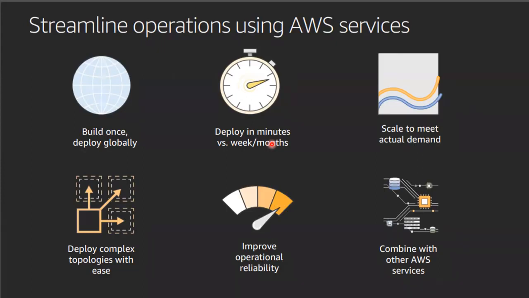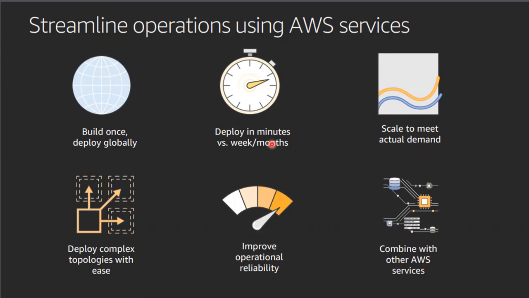Scalability is not a challenge when you run your SAP workload on AWS. You can scale up to meet your actual demand. And when you see the peak has gone down and you no longer get the traffic that you expected, you can always scale down also. So scalability, again, is very easy when you use AWS services.